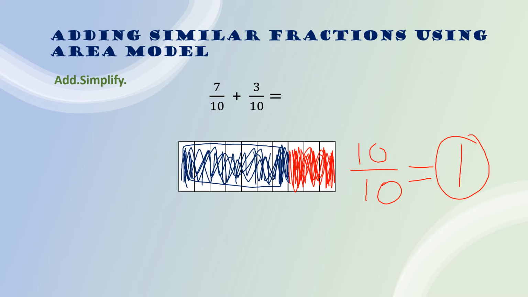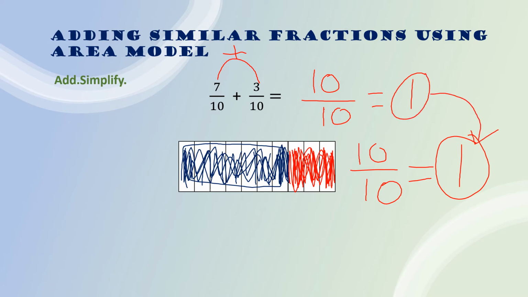We can shade and see that it's 1 whole, or we can just add the numerators. 7 plus 3 is 10 over 10. Just copy the denominator and simplify. 10 out of 10 is 1 whole. As you can see, we got the same answer.